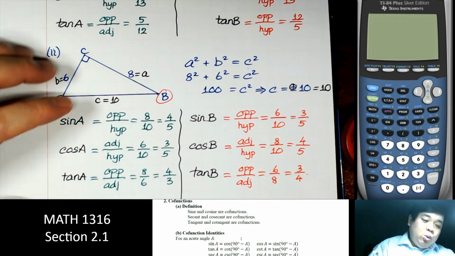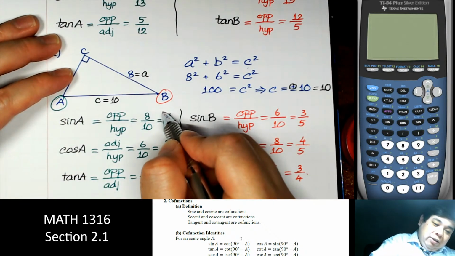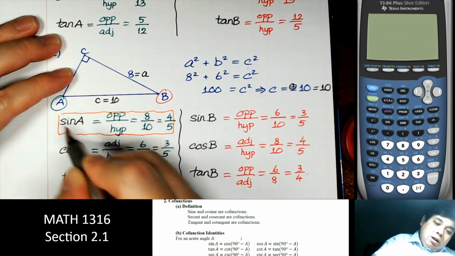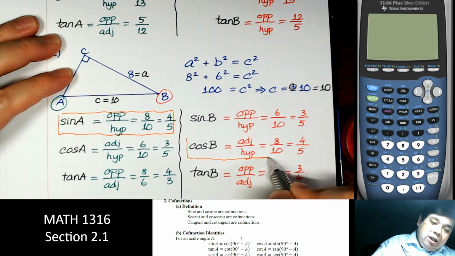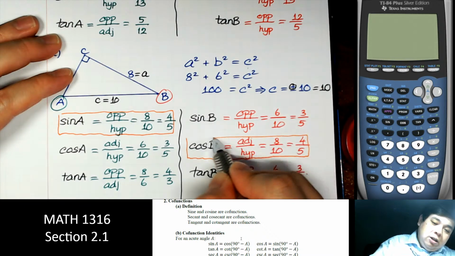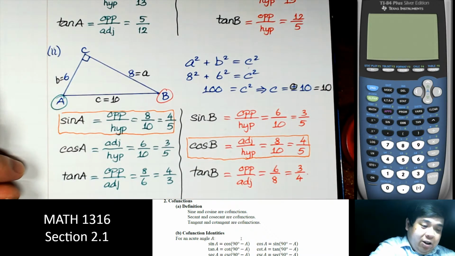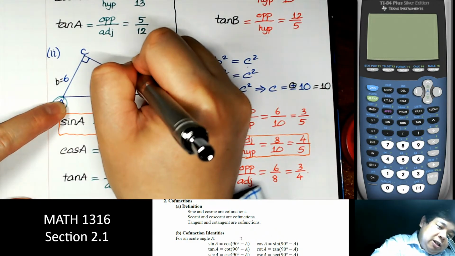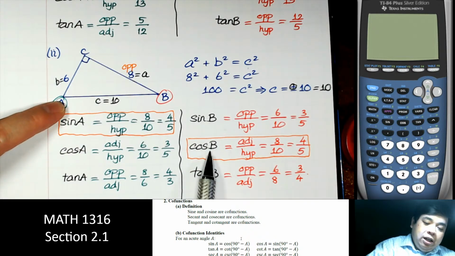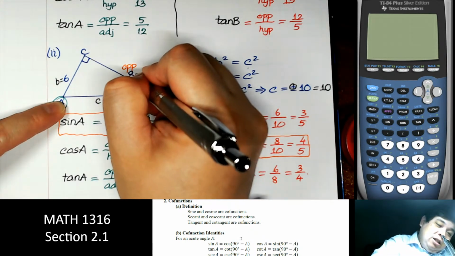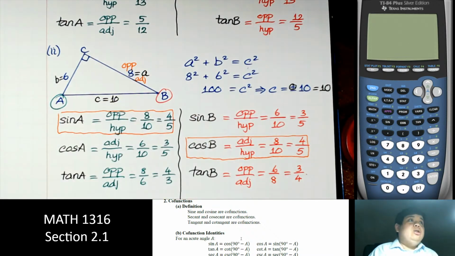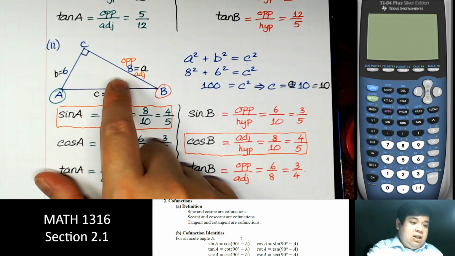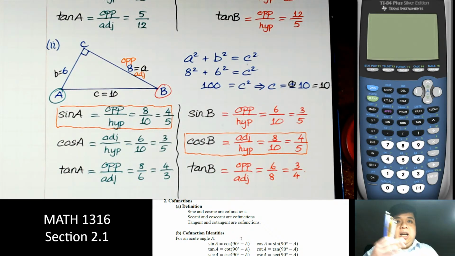Because of that, you see the sine of A will be the same as cosine of B. Right? Because with respect to angle A, opposite is this side. But with respect to angle B, adjacent is that side. So it depends on what angle we're talking about. The opposite or adjacent is going to be adjacent and opposite of the other angle.